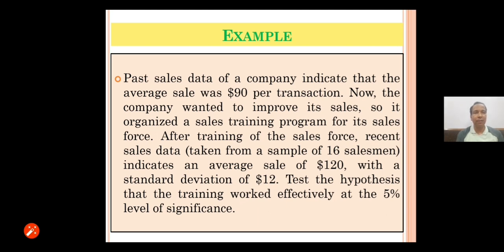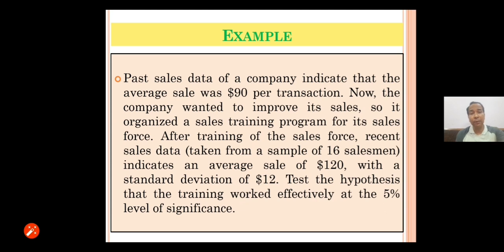After training the sales force, recent sales data taken from a sample of 16 salespersons indicates an average sales of $120 with a standard deviation of $12. Test the hypothesis that the training worked effectively at 5% level of significance.